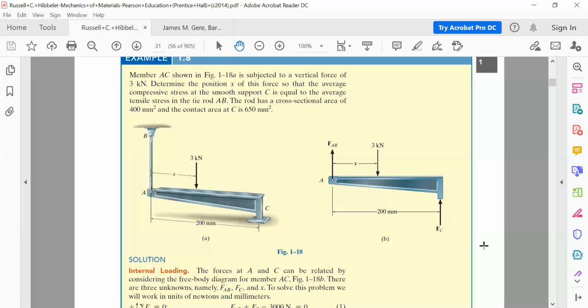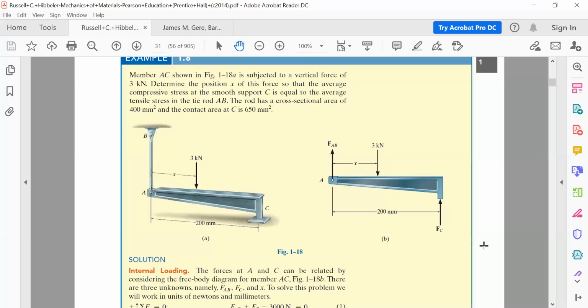Let me take an example from your book. Let me share the book with you. Look at this question.